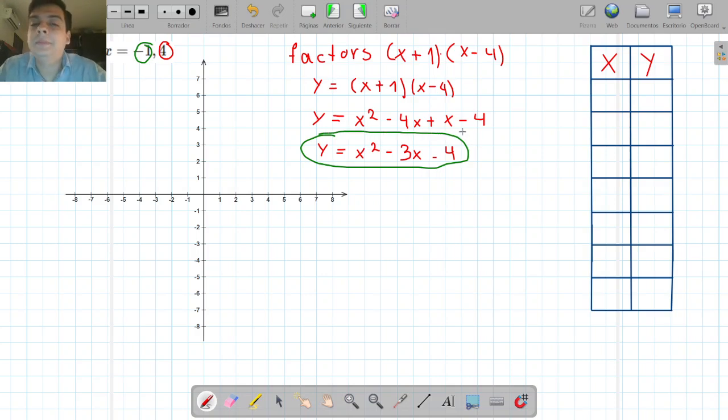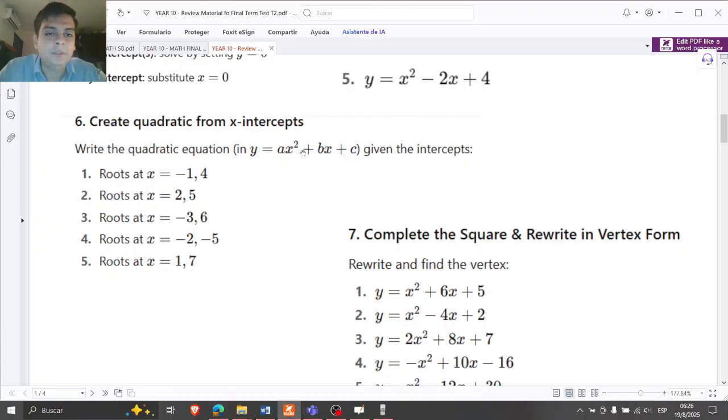This is the answer. It really is as easy as you can see. We only changed the sign of this here, we changed the sign of this here, we finish. We don't have to graph because it doesn't say that we have to graph.